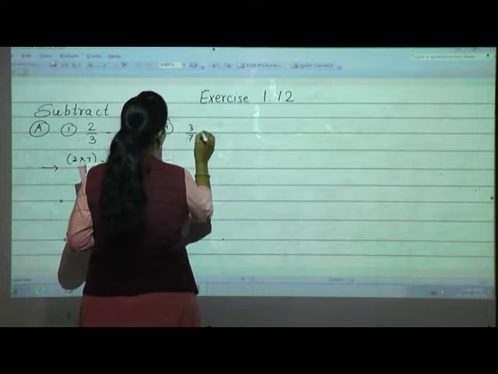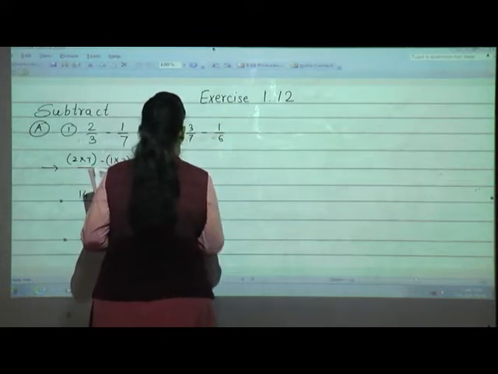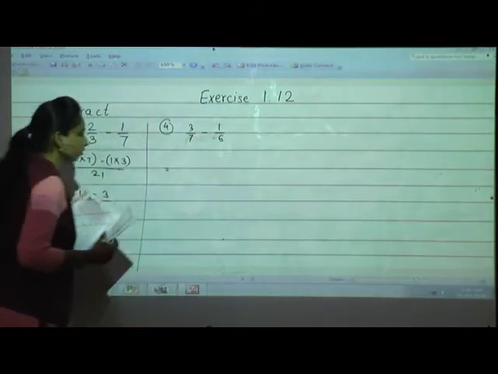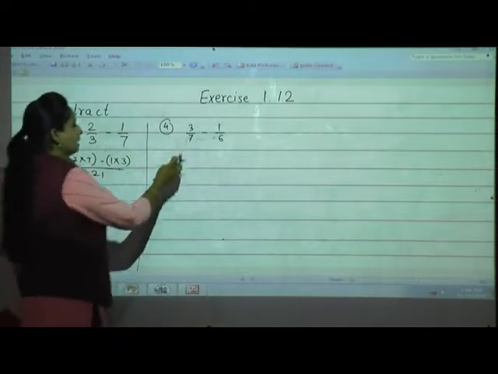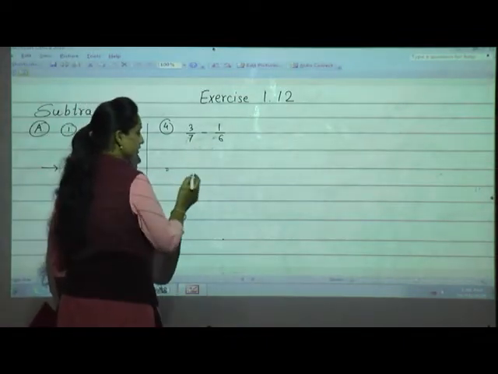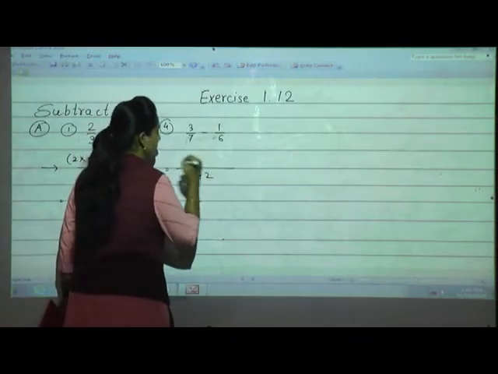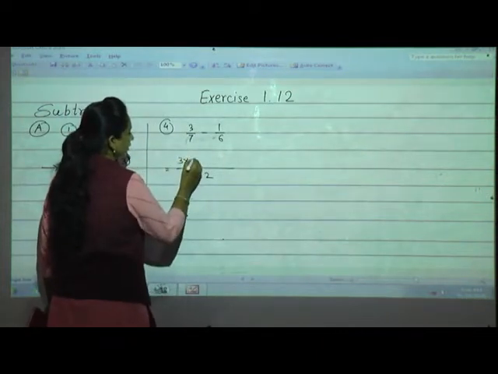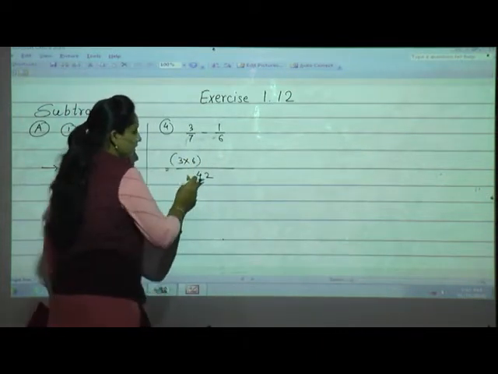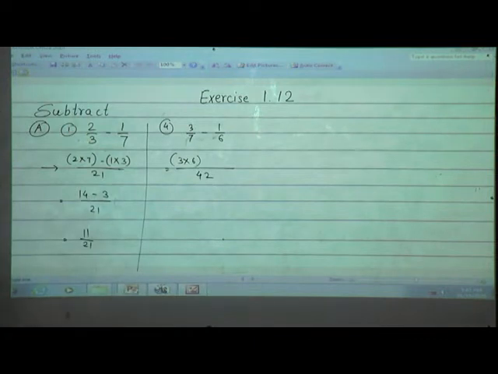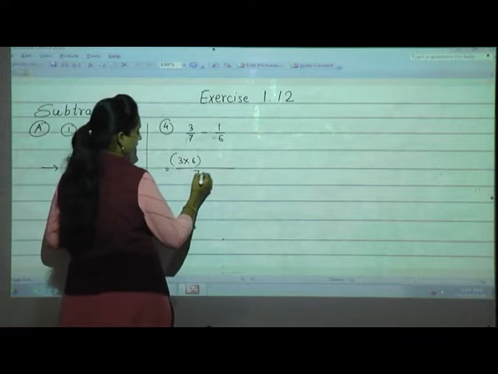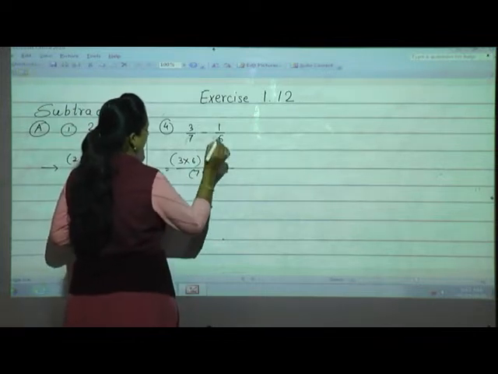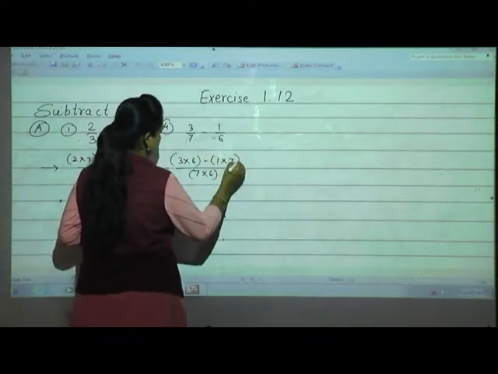Now I will solve the fourth one for you. 3 by 7 minus 1 by 6. Now see, again denominators are not same. So what we have to do? LCM, 7 6s are 42. Then cross multiplication, 3 multiplied by 6, here I will write that step also for your better understanding. For the LCM, 7 6s are 42, minus 1 multiplied by 7.